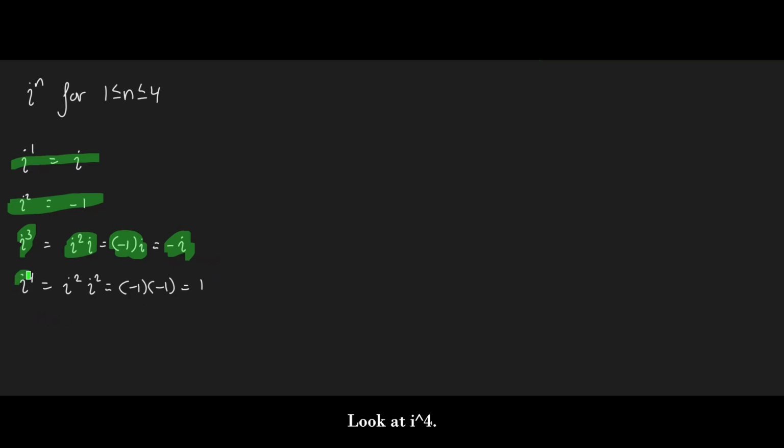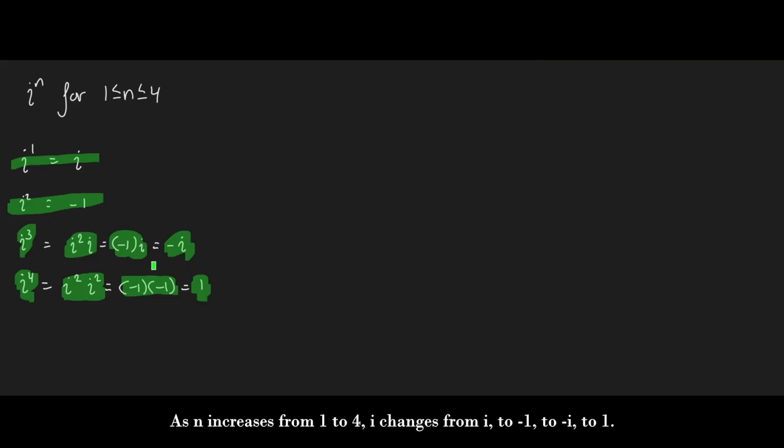Look at i to the 4th power. That can be rewritten as i squared times i squared, which equals -1 times -1, which equals 1. As n increases from 1 to 4, i changes from i to -1 to -i to 1.